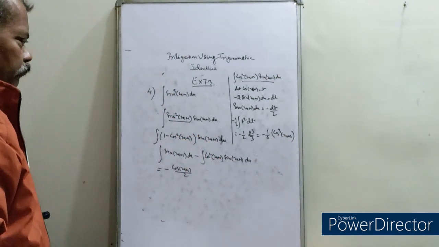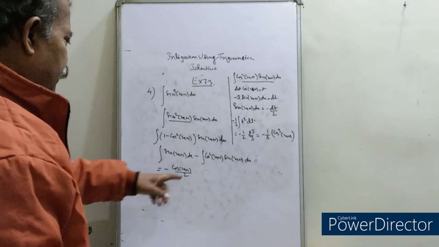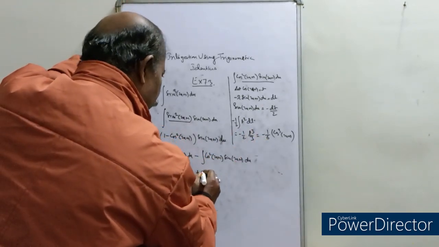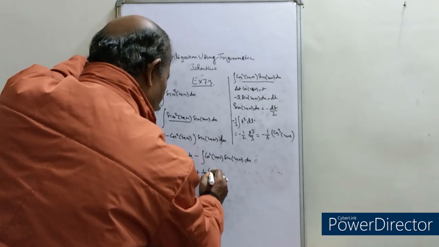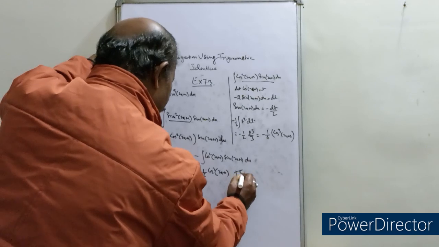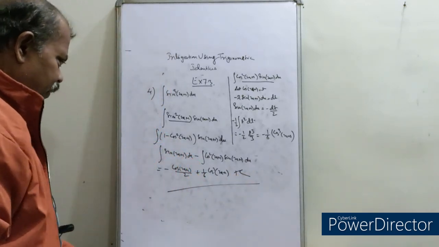So this is your integration. Now minus and minus make plus, so this becomes 1 by 6 cos cube (2x + 1) plus c. So this is your answer.